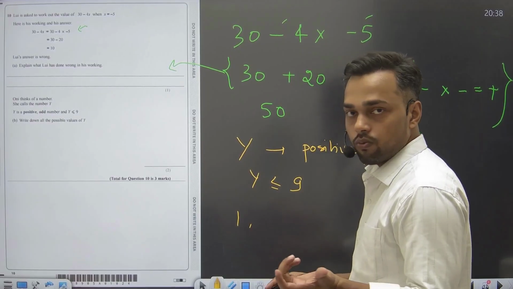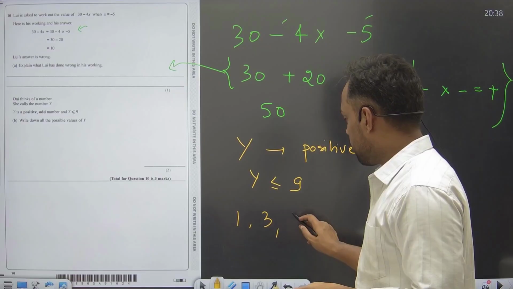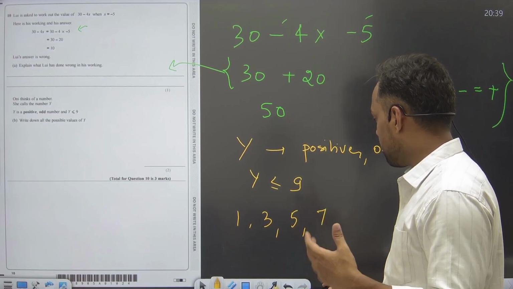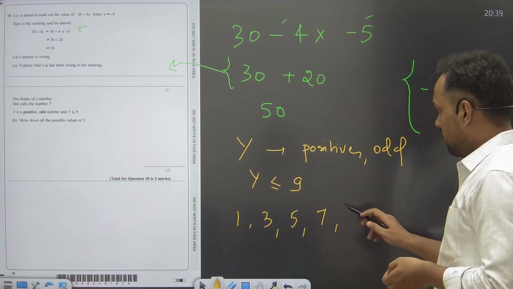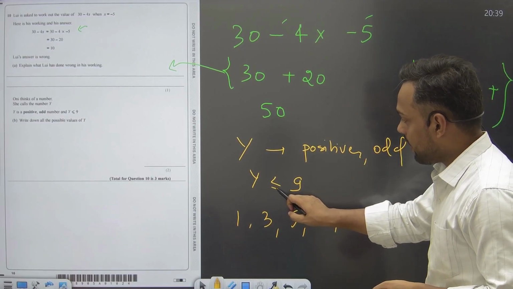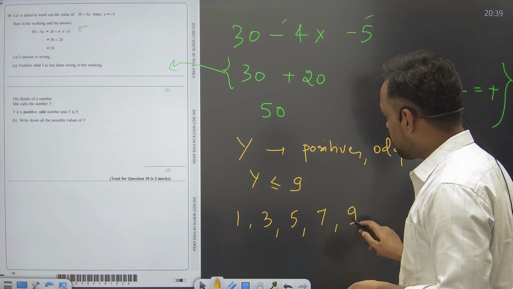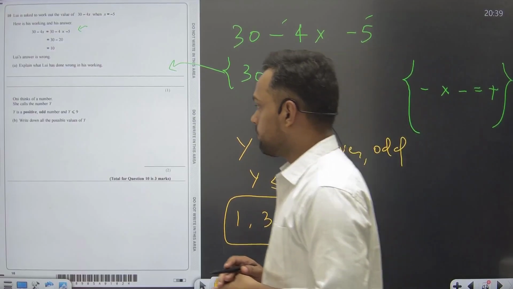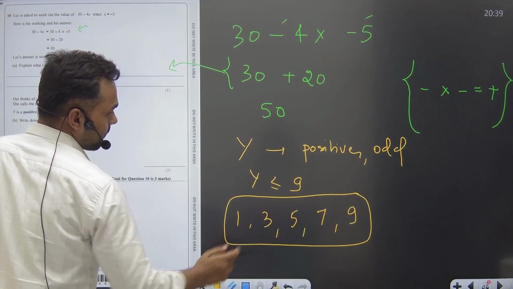Similarly 2 is even, next will be 3, 4 is even, next will be 5, 6 is even, next will be 7, 7 is odd, and next is 8, 8 is even. Again this sign is less than or equal to 9, so 9 will also be taken here. So this is the possible set of values of y: 1, 3, 5, 7, 9.